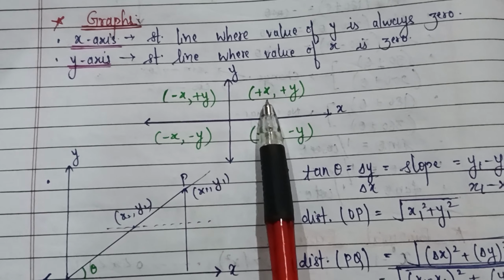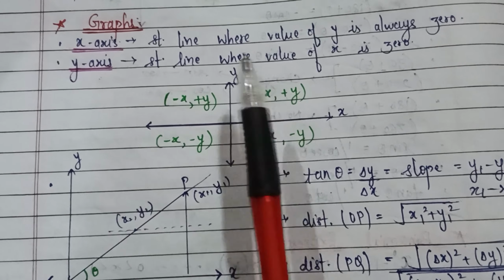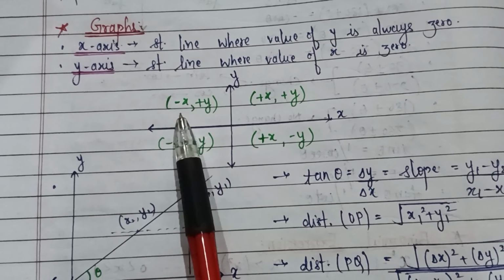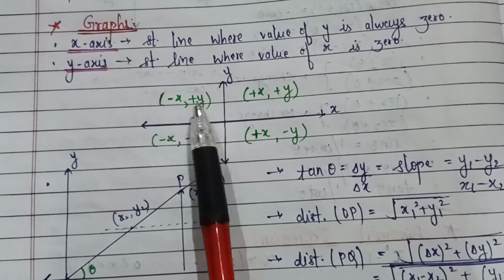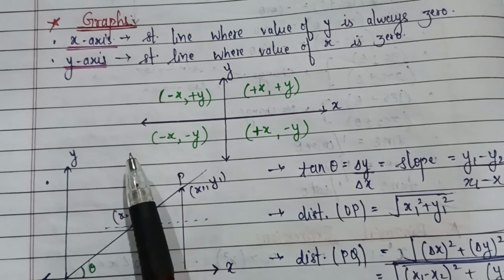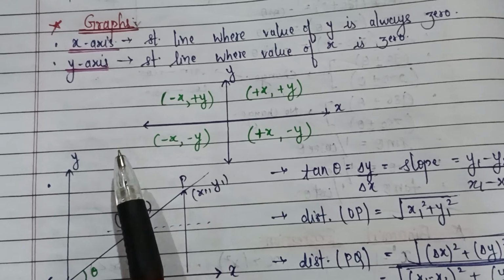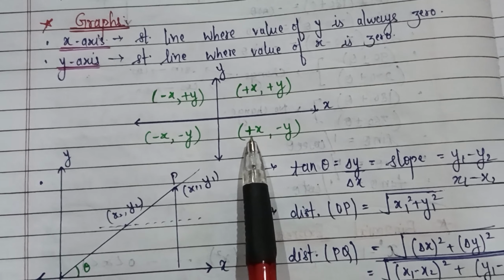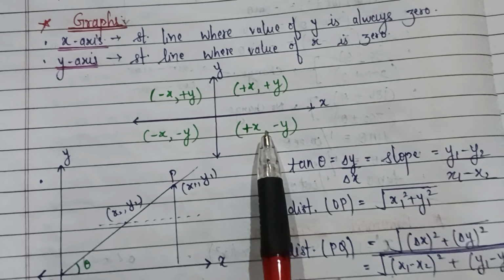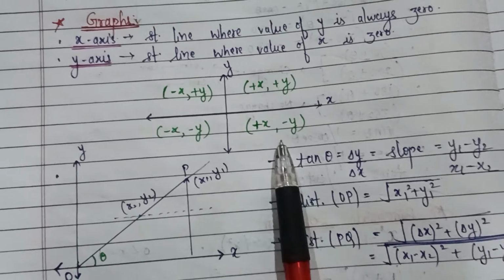In the first quadrant, both the coordinates x and y are positive. In the second quadrant, the x coordinate is negative and the y coordinate is positive. In the third quadrant, both the x and y coordinates are negative, and in the fourth quadrant, x is positive and y is negative.